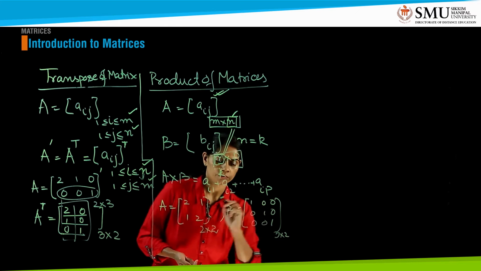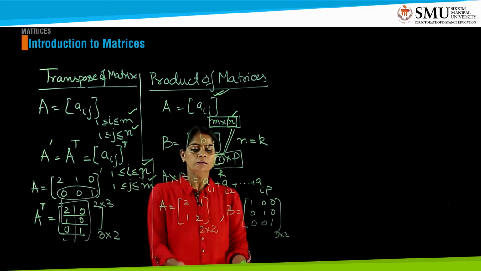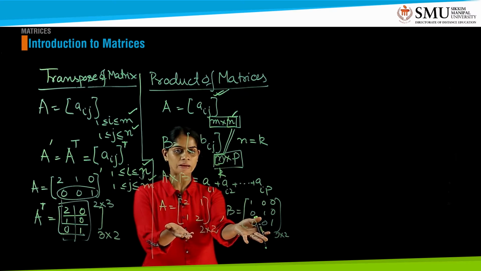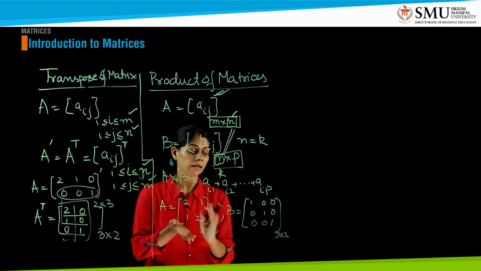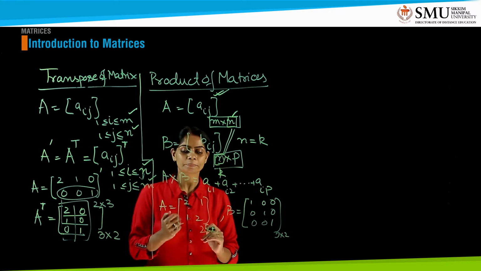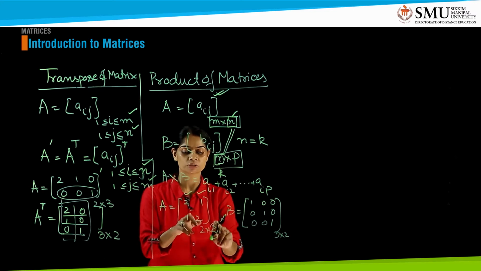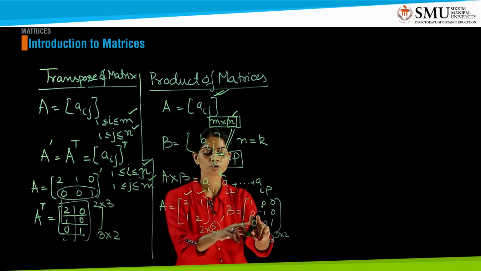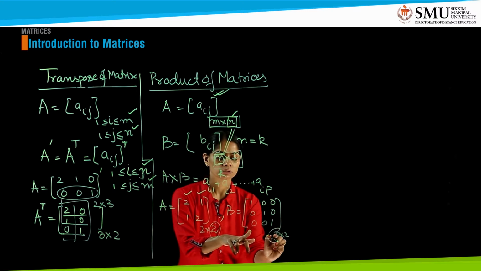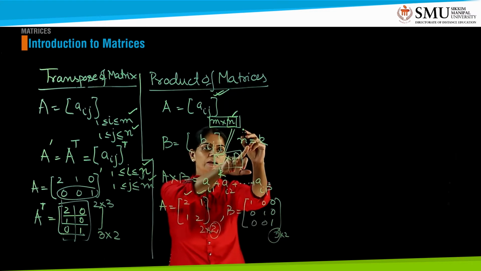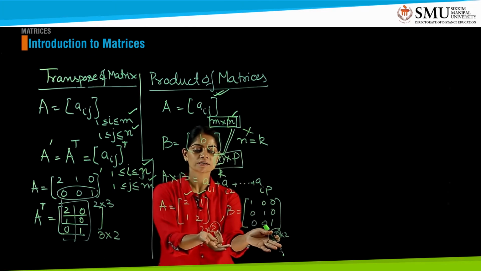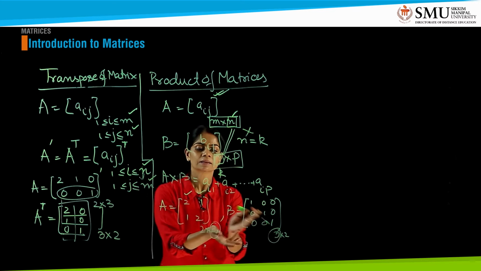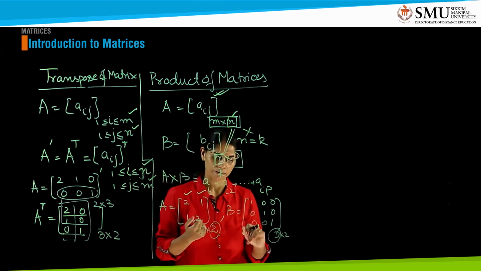My first question is, can we multiply these two matrices? The answer is no. Why? Because here the number of columns is 2, but here the number of rows is 3. So, this means it does not satisfy this property. If it does not satisfy this property, then we cannot multiply the two matrices.